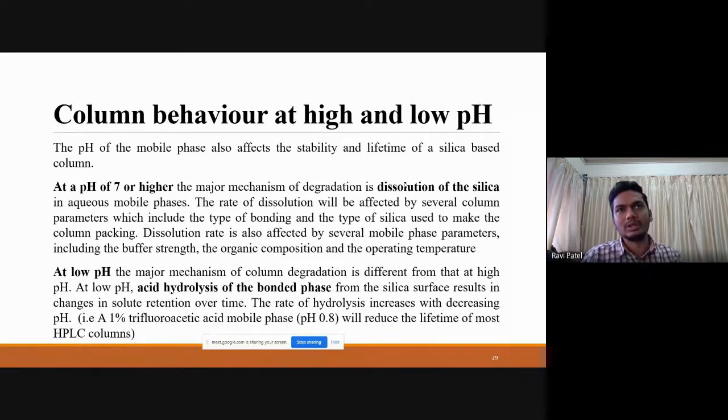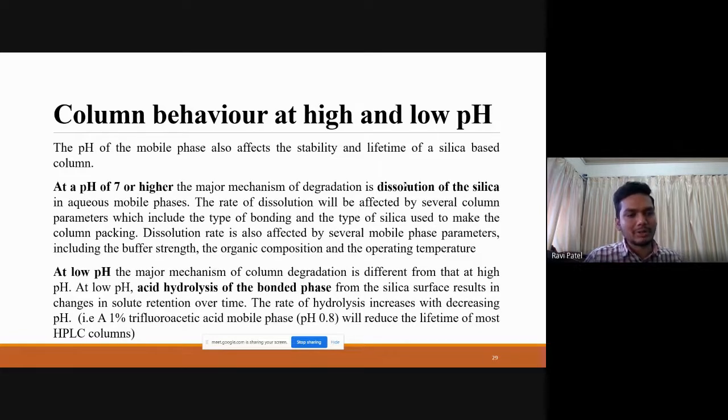But if we are using a mobile phase pH on the basic side, meaning pH above 7, it will lead to the dissolution of our silica, which will damage our column. If my column would sustain 1000 injections, it will be destroyed within 200 or 300 injections just because of dissolution of silica.